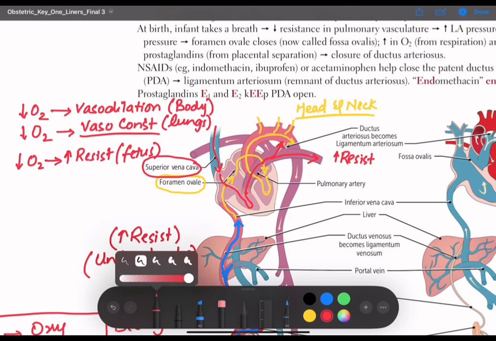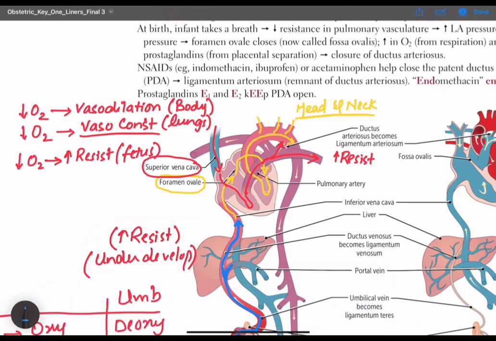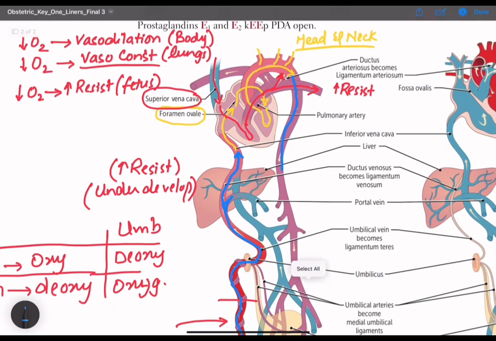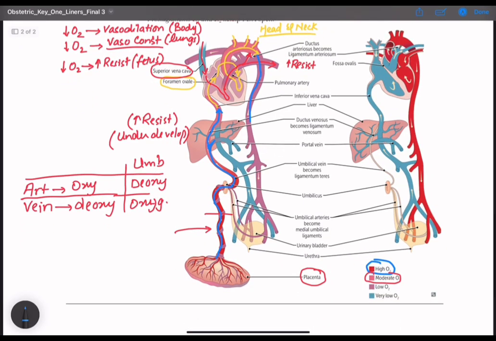The blood after mixing, from head and neck, goes and supplies rest of our body with low O2, especially the lower limbs. The umbilical arteries emerge from internal iliac arteries, draining blood into placenta.